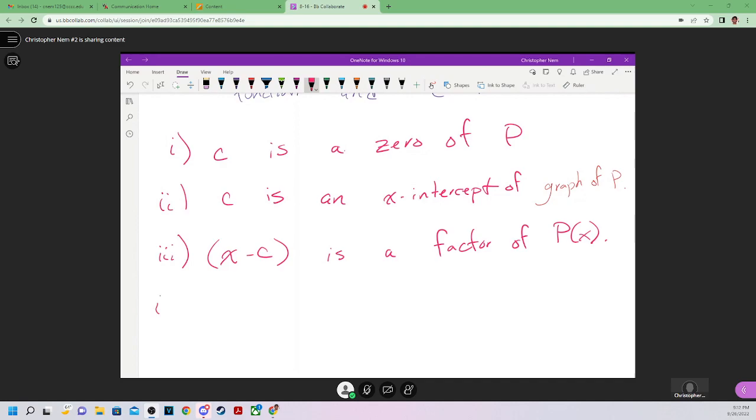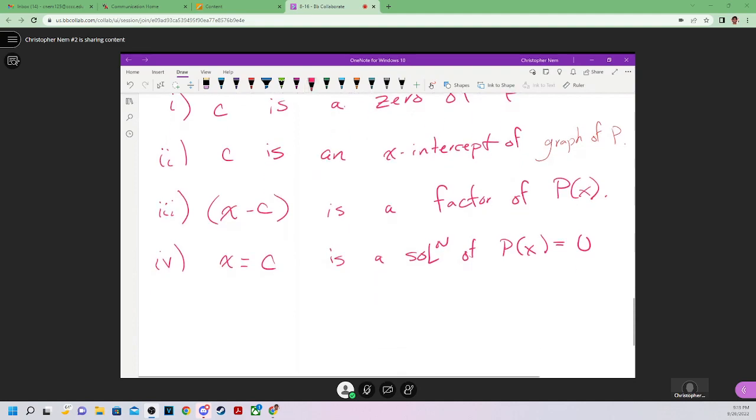What else can we say? Well, if we have any of these, we can also say that x equals c is a solution of P of x equals 0. This means if I set my polynomial function equal to 0, then x equals c is a solution. These are all logically equivalent.